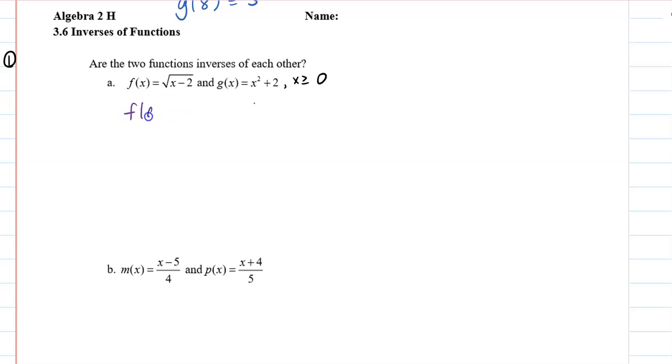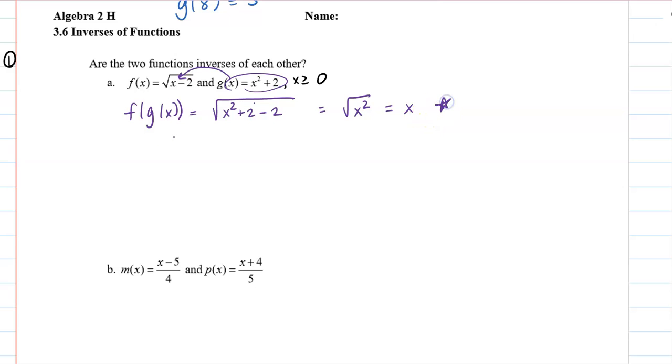What you want to check is the composition. I'm going to start out by plugging g into f, and you get the square root of x squared, which is just equal to x, but only if you have positive numbers. If it was negative, then that wouldn't be true.